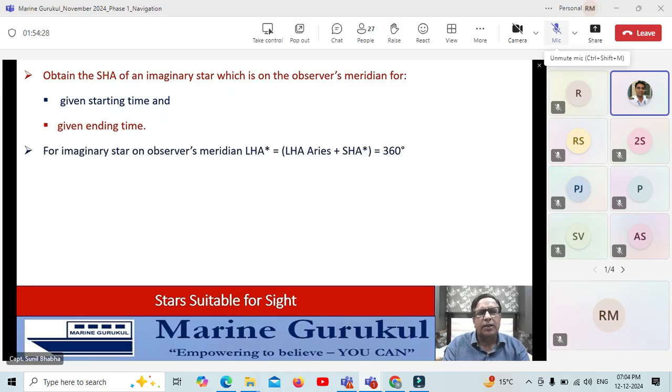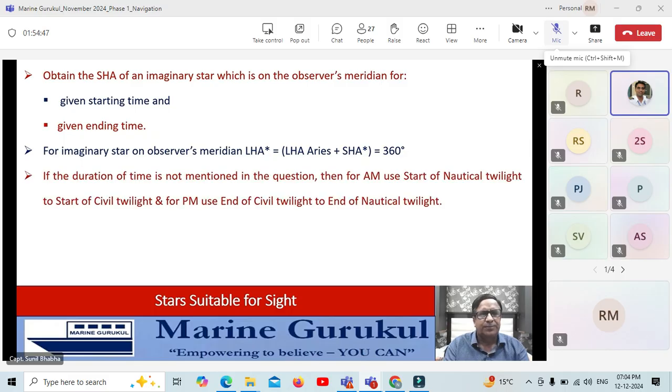We know how to calculate the SHA of an imaginary star on the observer's meridian. We can equate the LHA of that imaginary star to 360, and this LHA is equal to LHA Aries plus SHA of the imaginary star. We have already calculated this in the first question, and we can repeat that process here.